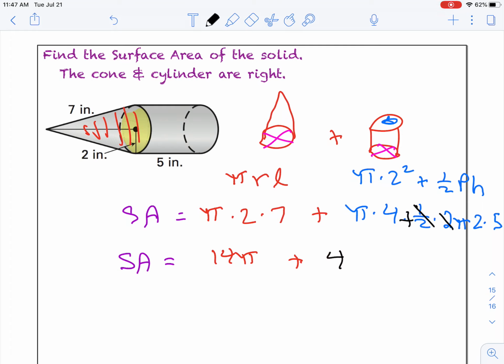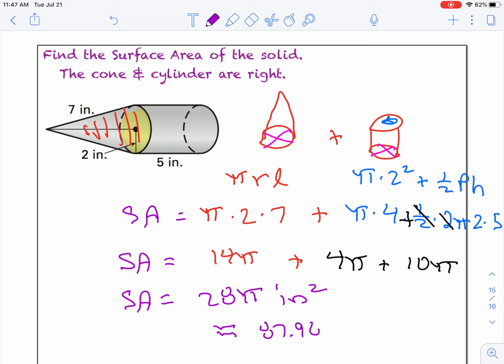So I have 4 pi plus, then the 1/2 and the 2 cancel out, 10 pi. So adding these all together, surface area is 14 pi, 24 pi, 28 pi inches squared, or approximately 87.96 inches squared.